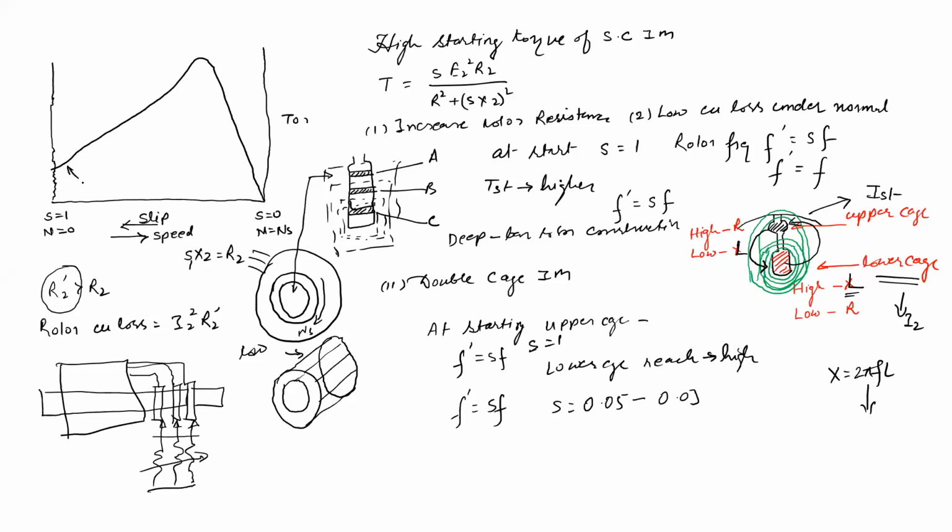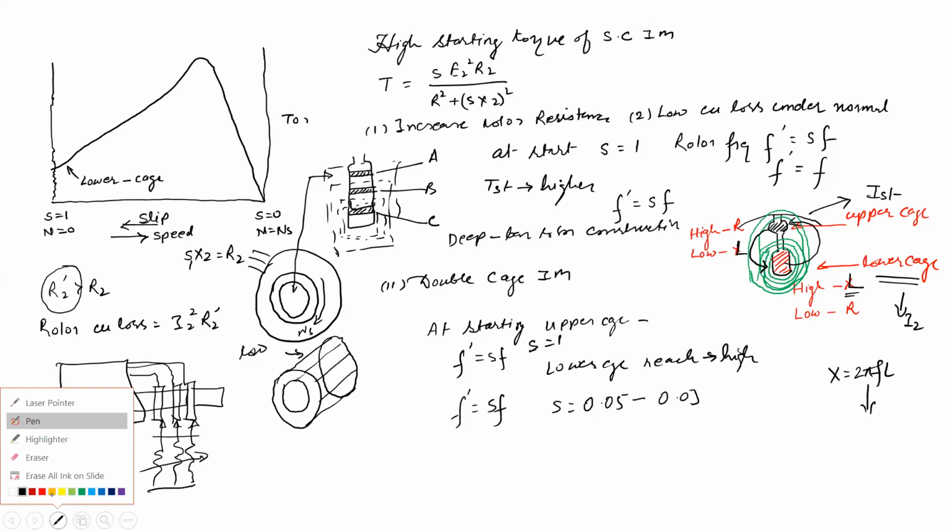This is as usual, so it is the lower cage. Now the torque developed by the upper cage, or outer cage.